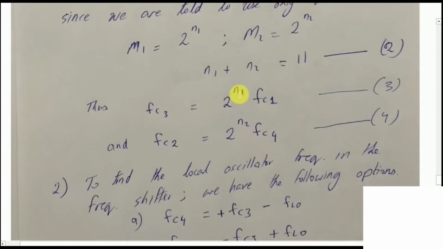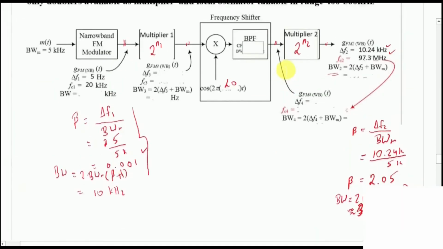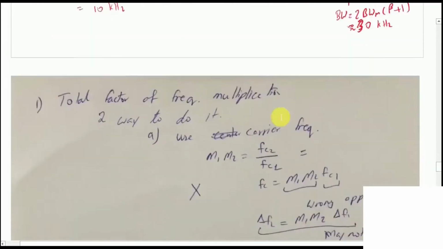FC3 is equal to 2 power n1, the first multiplier, times the carrier frequency at the output of narrowband FM, and similarly FC2, which is the output of wideband FM, is equal to 2 power n2, the second multiplier, multiplied by the output of the local oscillator over here, right?